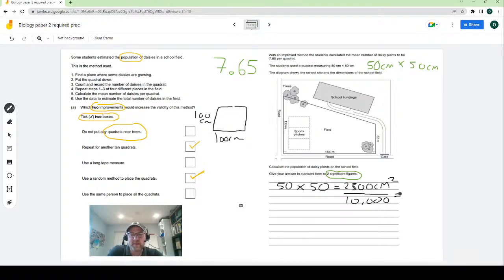And that's going to give me 0.25 meters squared. So watch out for that, guys. That's going to pick you up a couple of marks. We've just worked out the area of the quadrat. How are you going to work out the area of this field? I have no idea.